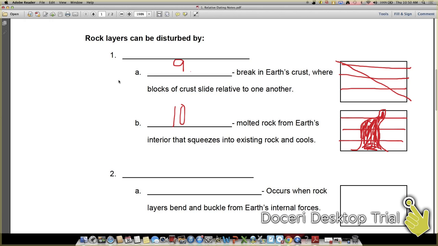What is that called? These two things are considered what type of disturbance?